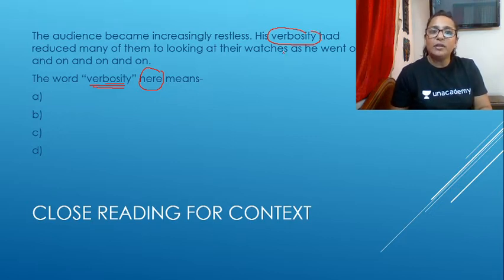And if I still don't understand the meaning, then the sentence before this and the sentence after this. I'm not going to read the entire text even then, because you will get the meaning either in that very sentence where the word is mentioned, or the sentence before it, or the sentence after it. So you are answering the question without reading the entire passage in all three cases and most likely getting your answer correct.